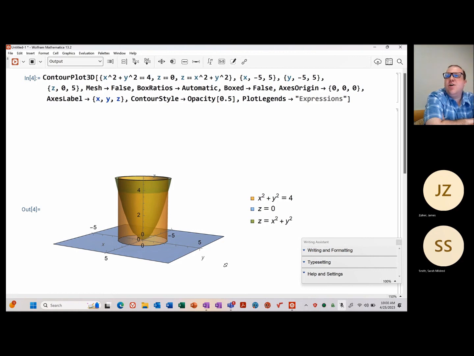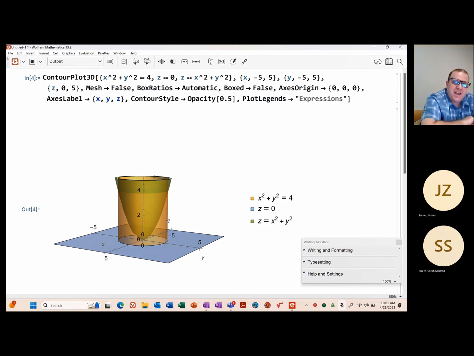Well, the green is inside the orange if you're below here. Right, so all this is the paraboloid. So we're basically inside here, from the green out to the orange. That's what we're looking at as our solid in space.